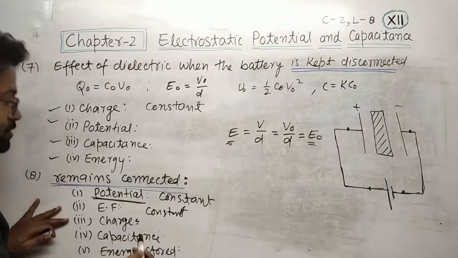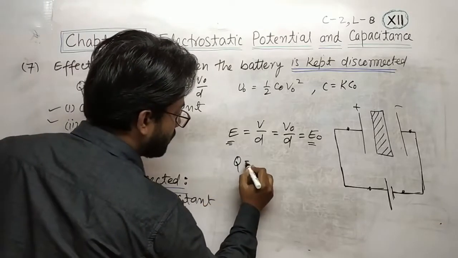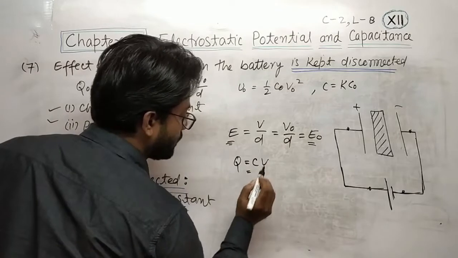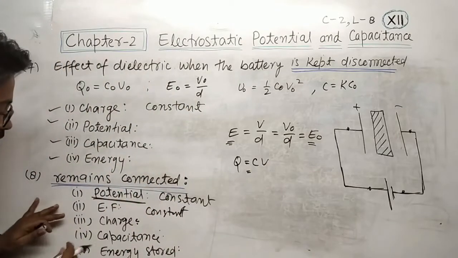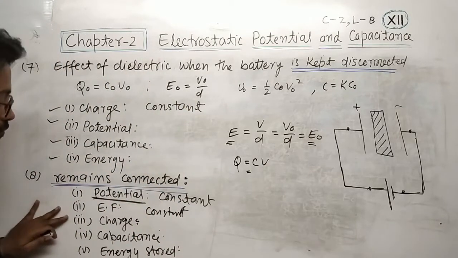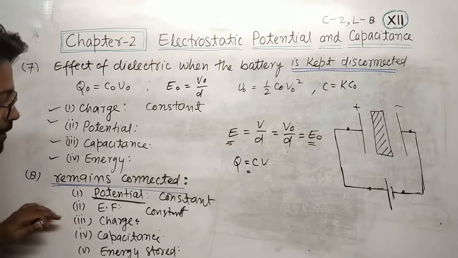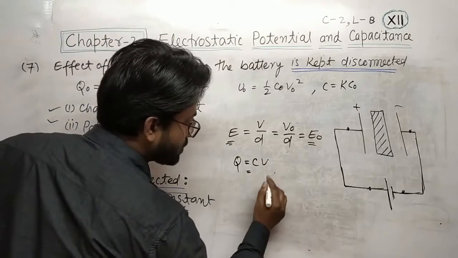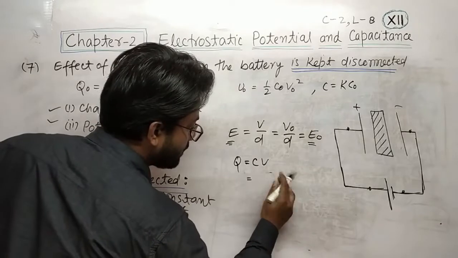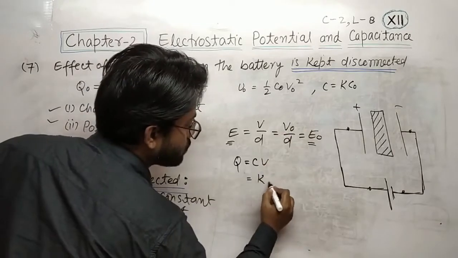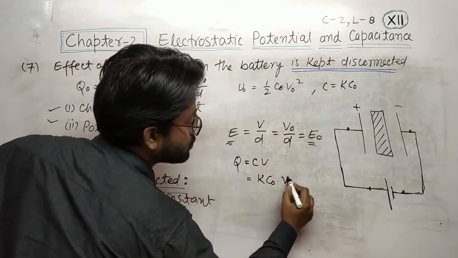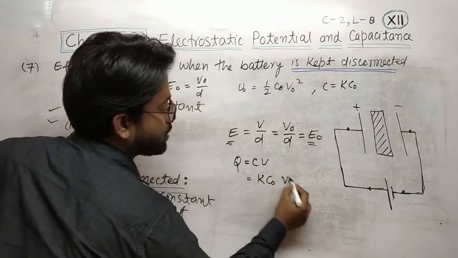When we talk about charge, Q is equal to C into V. What will happen? Potential remains constant. C is equal to K times C naught. V is equal to V naught, because initial and final potential is same.